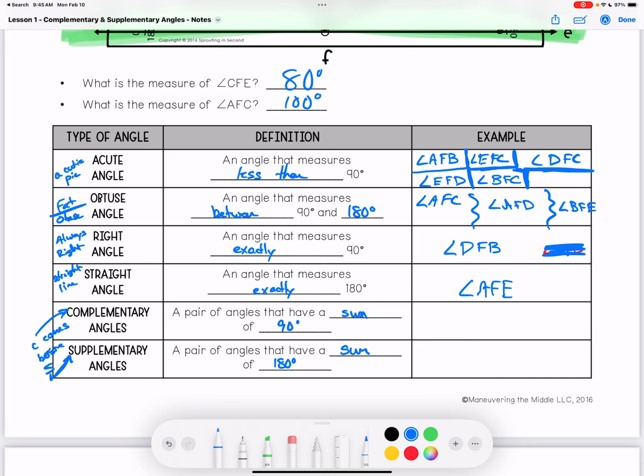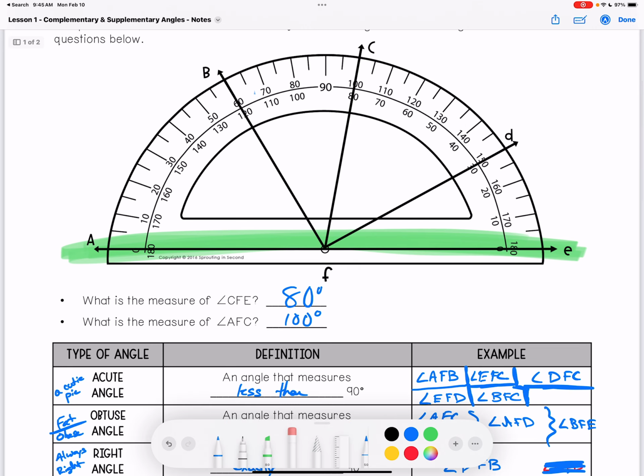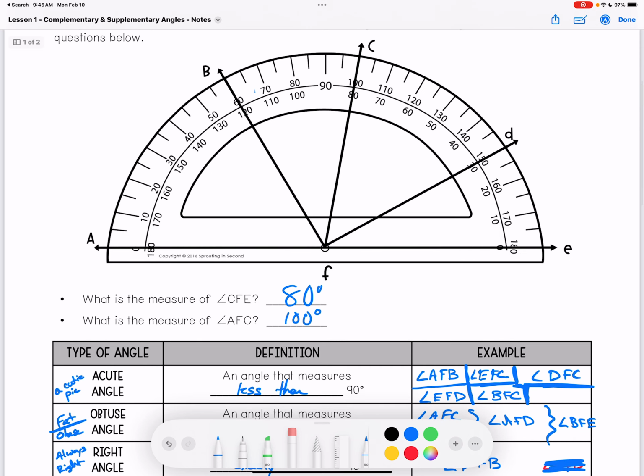All right. Complementary angles. Which ones add up to 90 degrees? There's only two that add up to 90 degrees. If this makes 90 degrees, then what are the two inside of that?